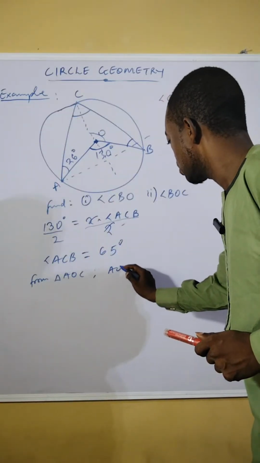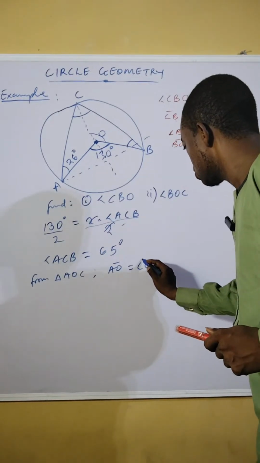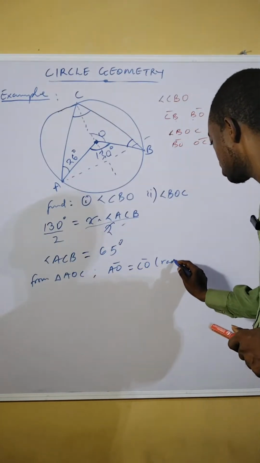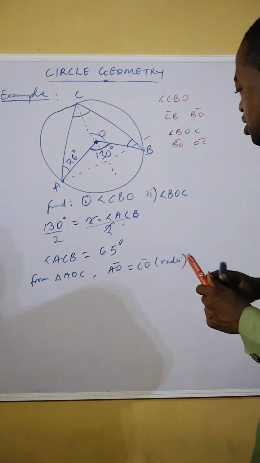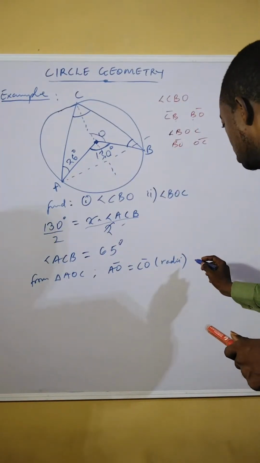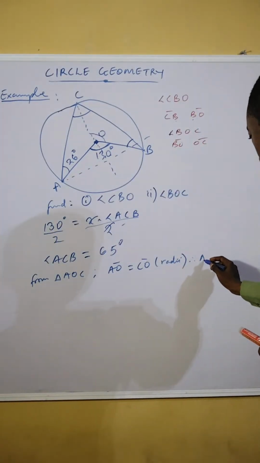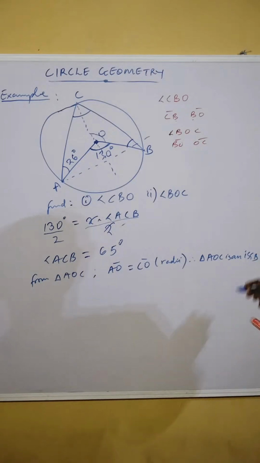So line AO is equal to line CO, because why? Both are radii of the same circle. So both are equal. And you know, when two sides are equal here, it makes that triangle isosceles. So therefore, triangle AOC is an isosceles triangle, right?